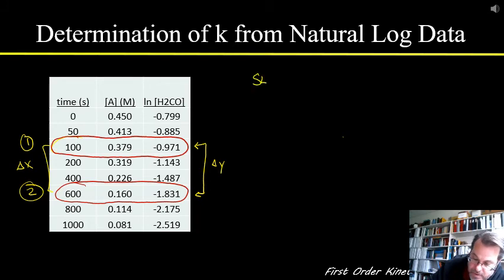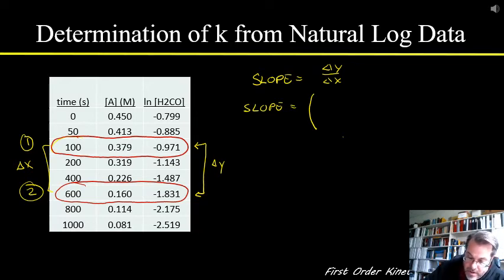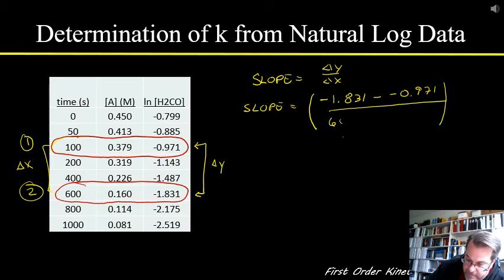So using this data from the table, just take the second value of y, which is negative 1.831, minus the first value of y, and divide by the second value of x minus the first value of x.